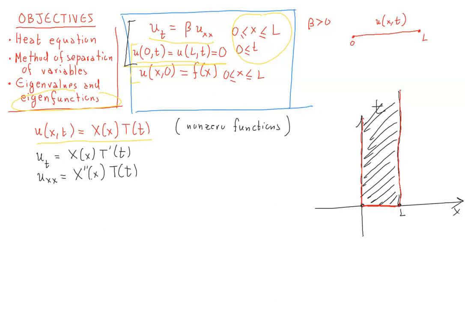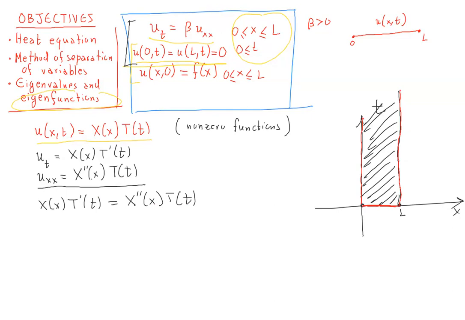So if we plug them into our equation, that's going to give us X of x times T prime of t is equal to X double prime of x times T of t.